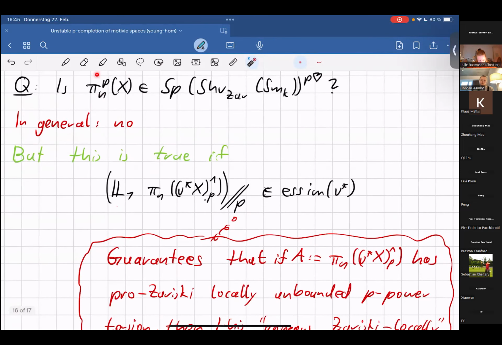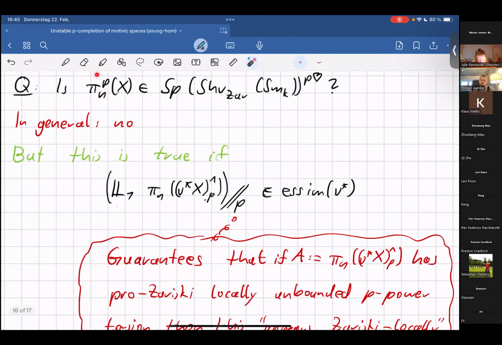So you can explicitly calculate this guy, and then you see that this guy is actually just measuring the unbounded p-power torsion of this guy. And if you know some stuff about p-completions in spectra, then you will know that p-completions always get tricky if unbounded p-power torsion is involved.